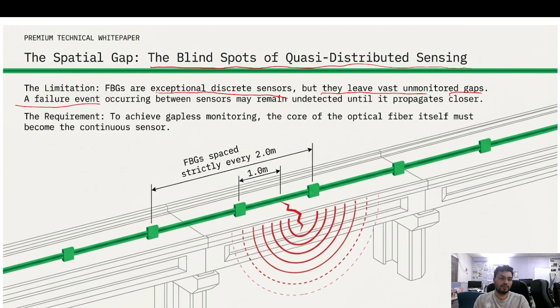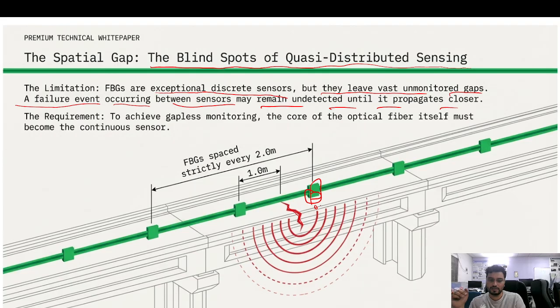A failure event occurring between sensors may remain undetectable until it propagates closer. You can't detect whether it's having a crack or not until it comes to the point where the sensor is held.